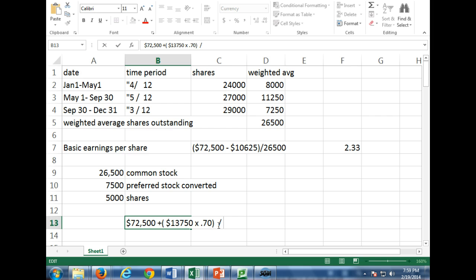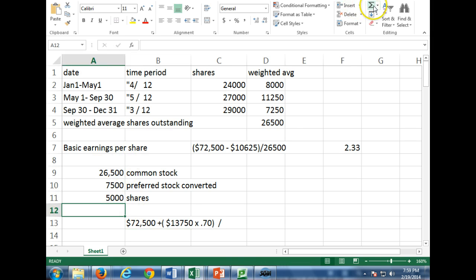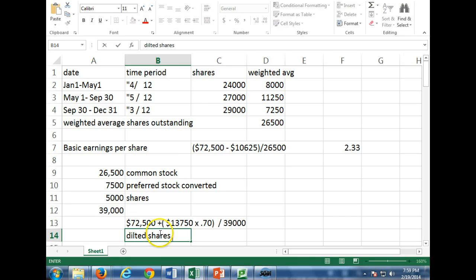Divide that by our total number of shares here, 39,000 shares. And that's ultimately going to equal 2.11. So diluted shares are at 2.11 instead of 2.33. What I've got to figure out is this 13,750.